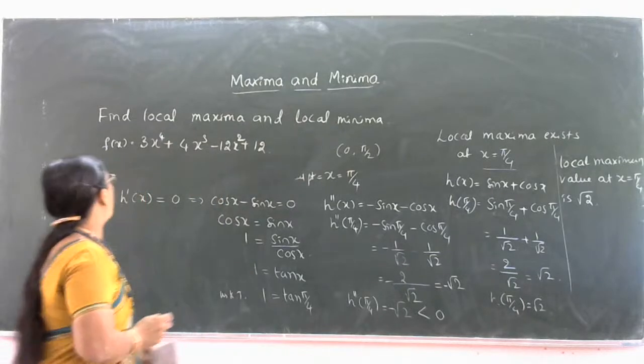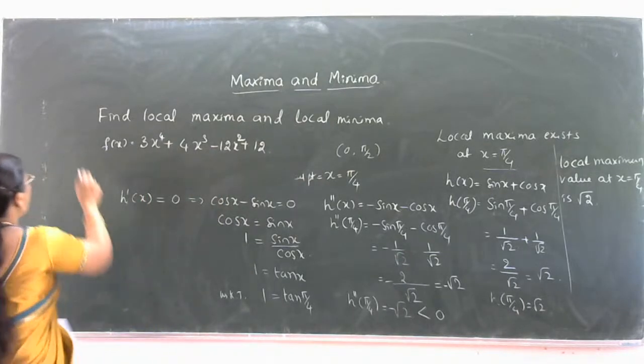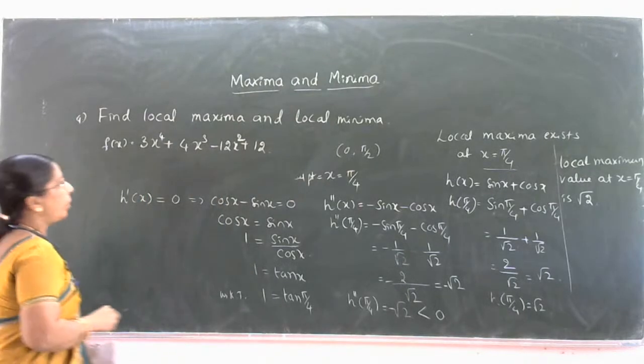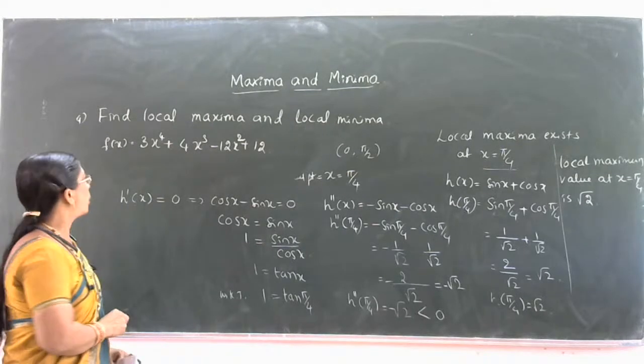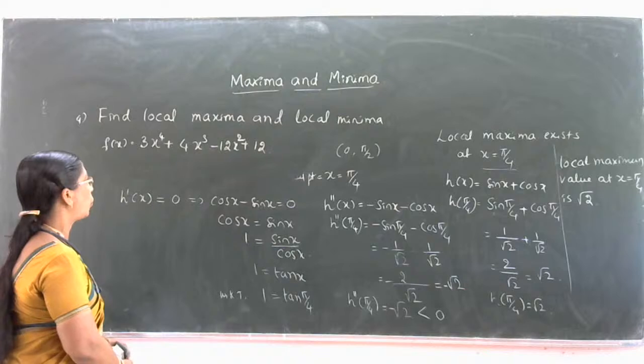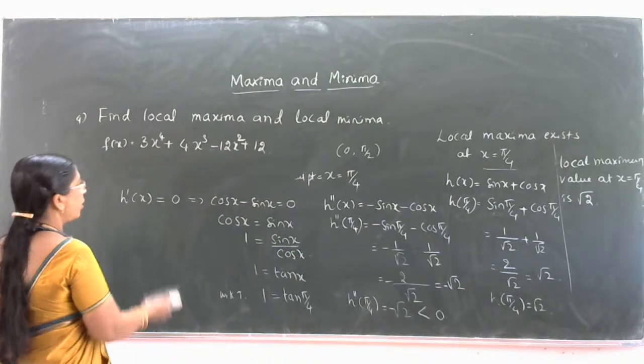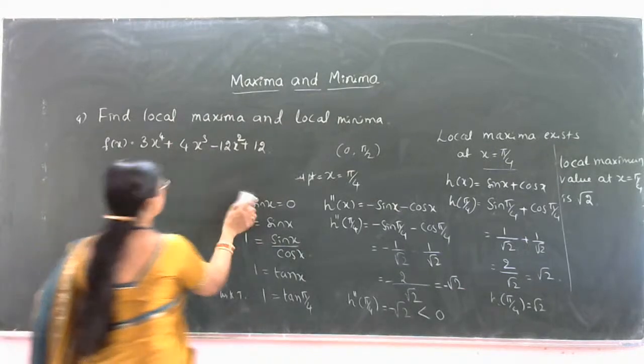F of x equal to 3x to the power 4 plus 4x cube minus 12x square plus 12. Find the local maxima and local minima.